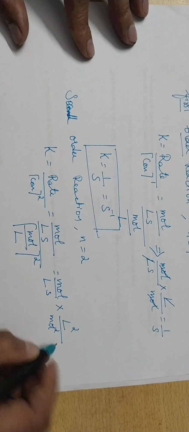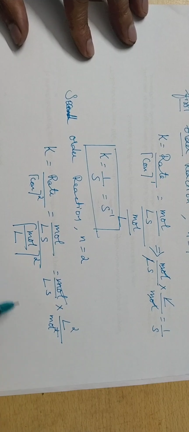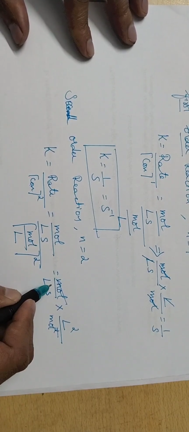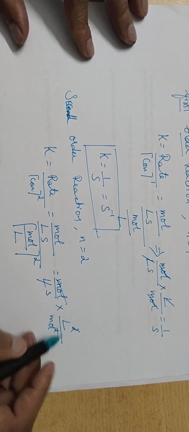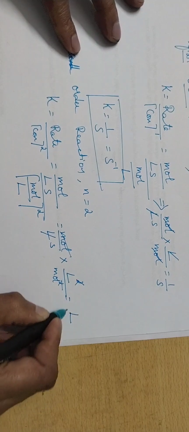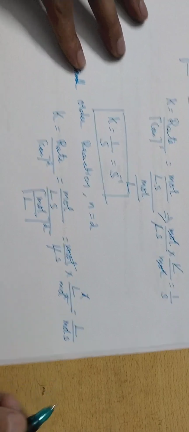One of the moles gets cancelled, and one liter in the numerator and denominator gets cancelled, leaving us with liter divided by mole second.